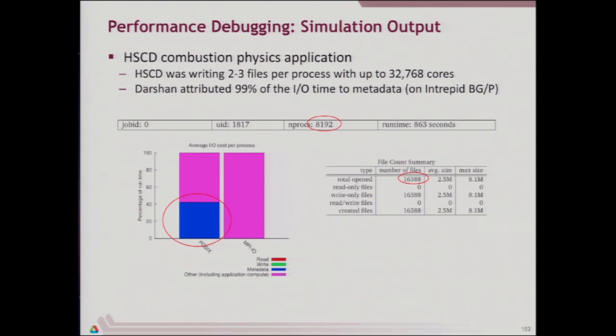So here's a combustion code called high-speed combustion dynamics, HSCD, simulating the explosion of some confined gas. In this case, there are 8,000 processors, but they're working on 16,000 files. Yeah, that's going to be a problem, especially on GPFS. So look, here's your I/O use time. Okay, I don't see any green or red here because it's all spent in metadata.